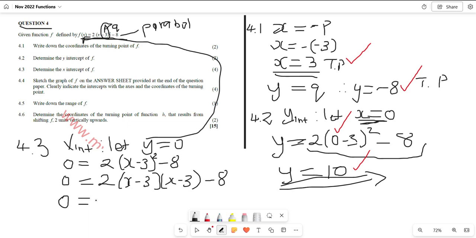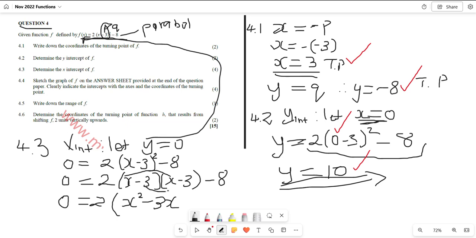That is equal to 2. Then let me open the bracket. I'm going to apply the FOIL method here. x multiplied by x is going to give us x squared. Then positive x multiplied by negative 3. Remember, if you multiply a positive and a negative, negative always wins. Then x multiplied by 3 gives us negative 3x.